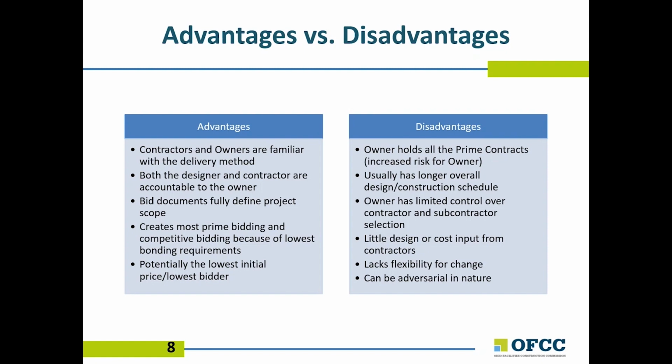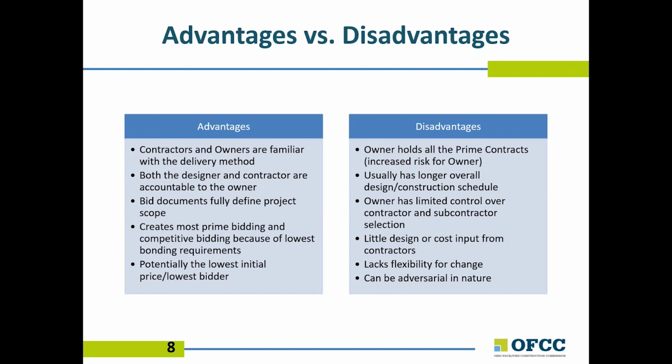Because the design documents have to be fully developed prior to bidding, this adds clarity for all parties. Bidding tends to be more competitive from the increased prime bidding opportunities and lower bonding requirements. The more competitive public bidding can result in the initial lowest cost.